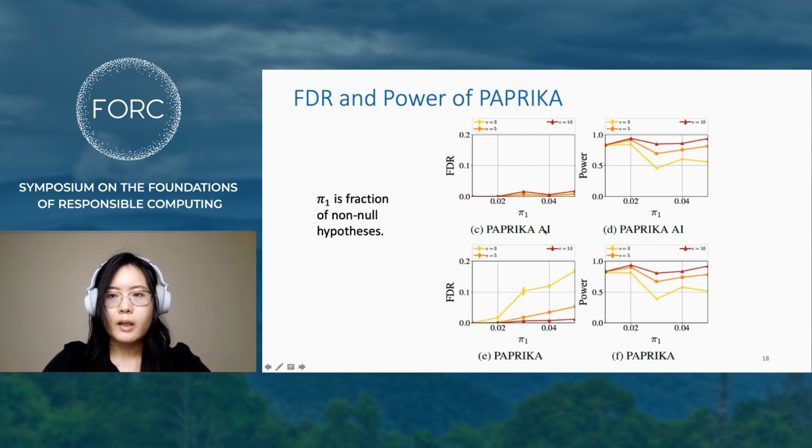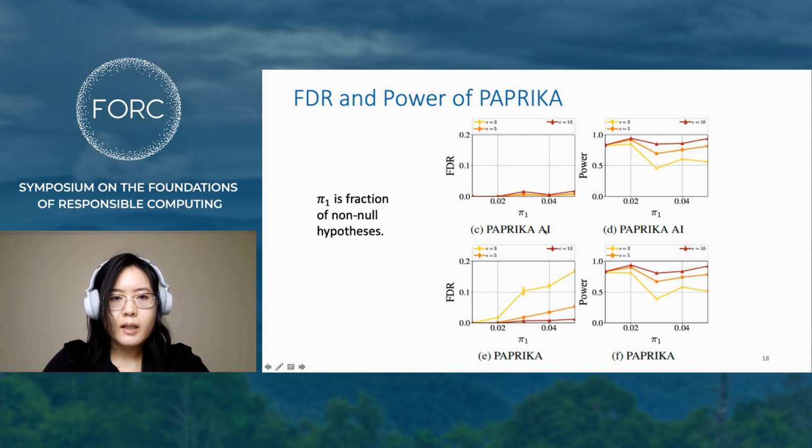And PAPRIKA denotes the instantiation with a constant candidate checking threshold. And PAPRIKA AI denotes the instantiation with a smarter way of setting this threshold. As expected, the performance gets worse as epsilon decreases, and it's for both FDR and power.